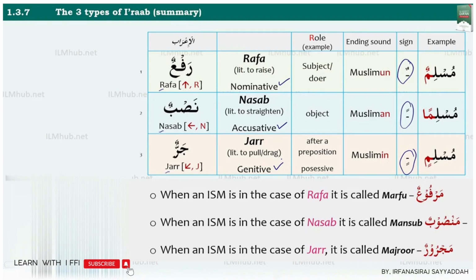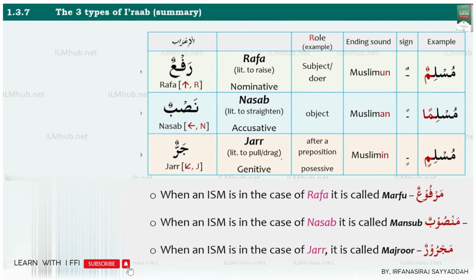We don't use them in normal conversation, and only a very small percentage of specialists, those who have studied other languages or advanced level grammar, may be aware of these terms. But the overwhelming majority of English speakers do not use them. And when I looked into them, I found that they don't usually translate directly with Arabic. So these terminologies of nominative, accusative, and genitive will just cause you more and more confusion. We're going to stick with the original Arabic terminology, inshallah.